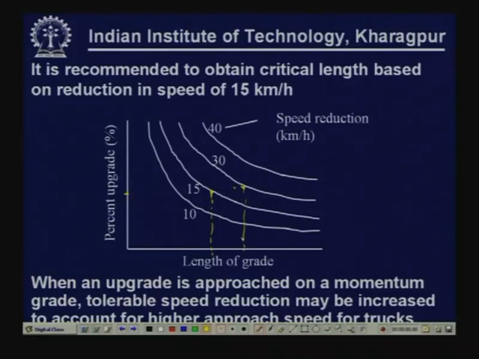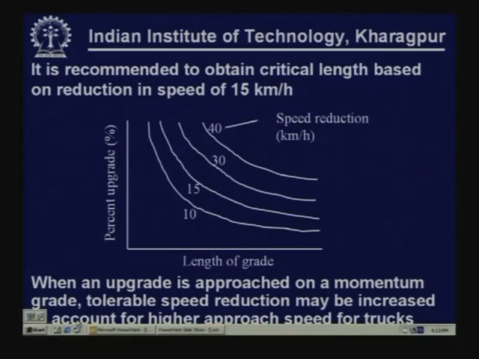Now, when an upgrade is approached on a momentum grade, that means there is a downgrade and then an upgrade, even the heavy vehicles can have a better speed profile. In this case, the tolerable speed limit may be increased to account for the higher approach speed for trucks.